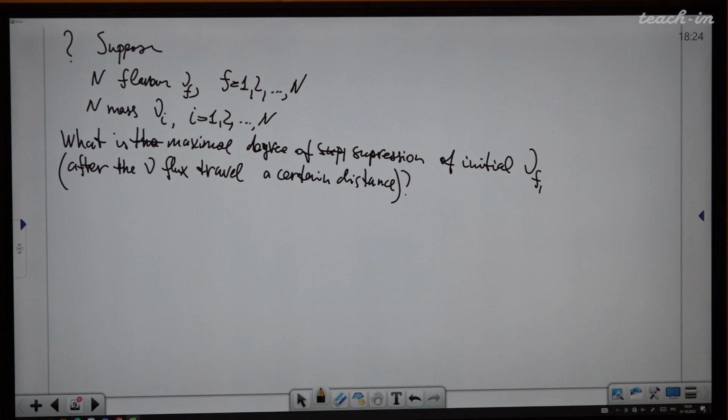And the solution is unique. It depends on n. And I would like to ask you to think about it, or probably we can solve it, or probably just leave it for next time.